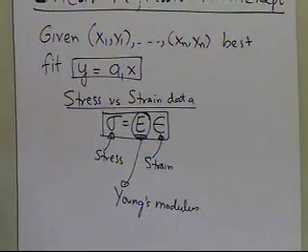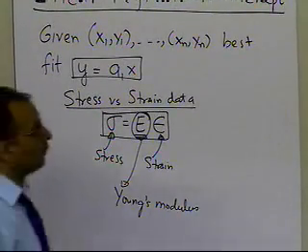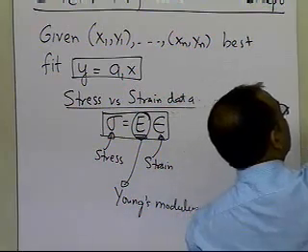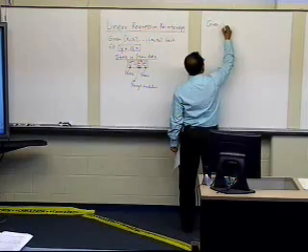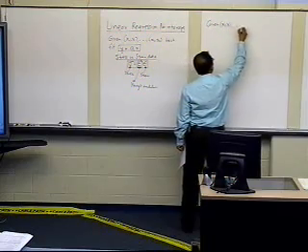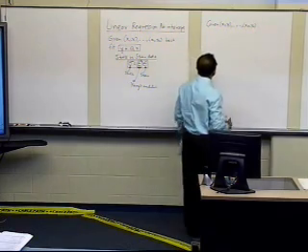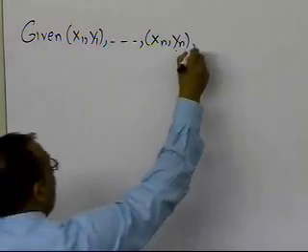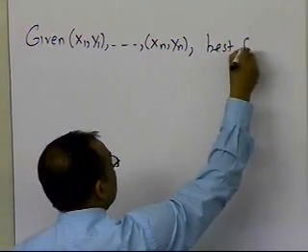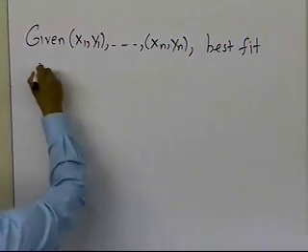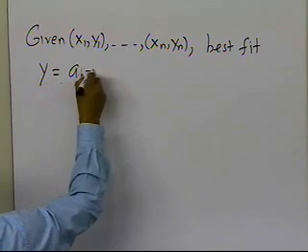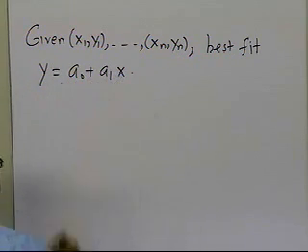Now if we go back to the formula where we had given x1, y1 all the way up to xn, yn, this was something which we did previously. Somebody says, best fit y is equal to a0 plus a1x. When we had the intercept, we developed the formulas.